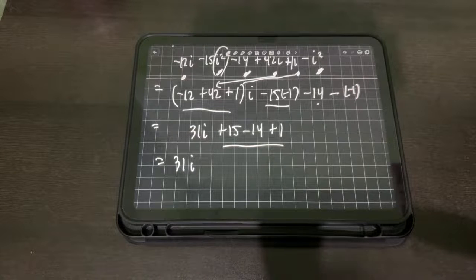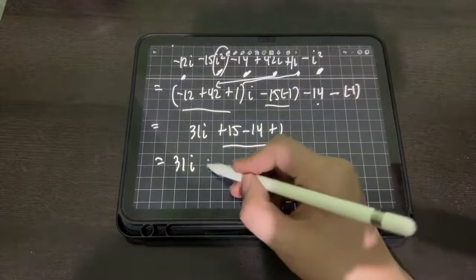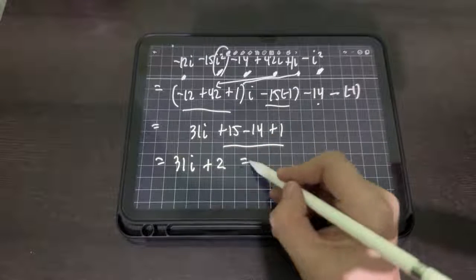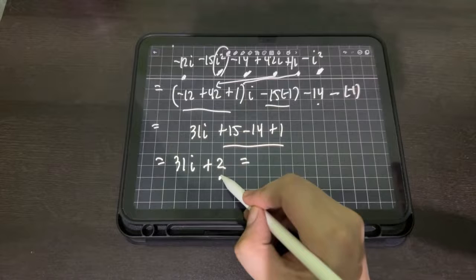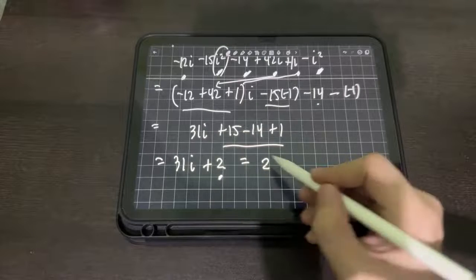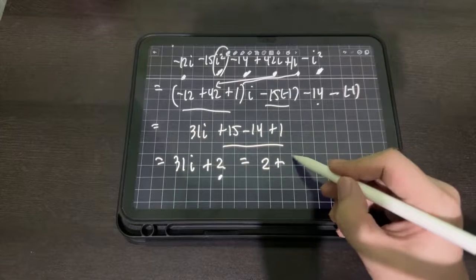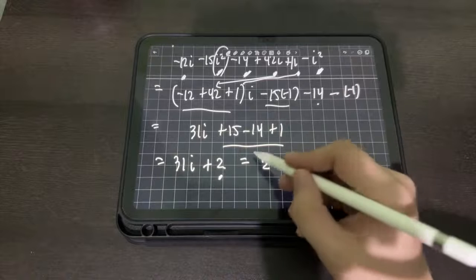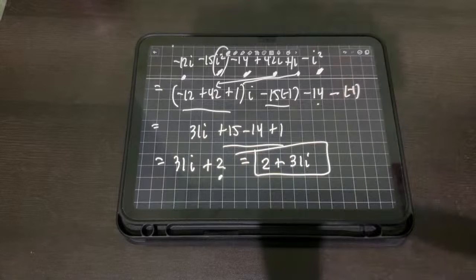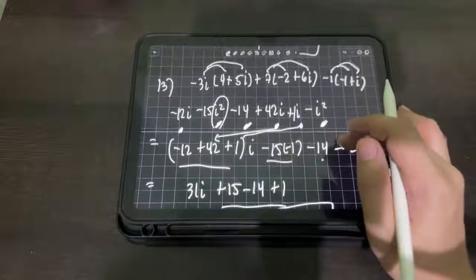So 15 minus 14 plus 1. Obviously, that's 2, right? Positive 2. Let's write first the real part 2 followed by the imaginary part plus 31i. So this is the answer: 2 plus 31i.